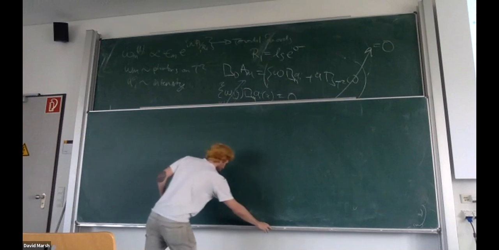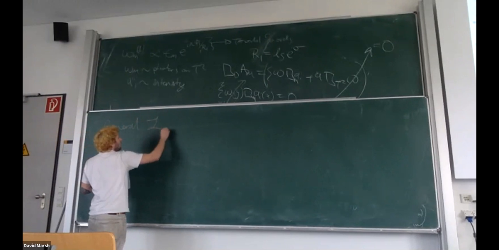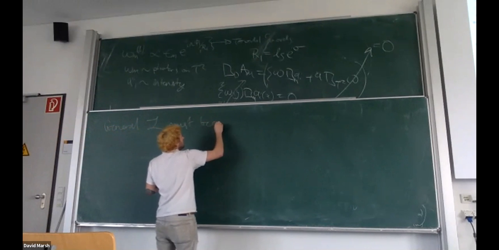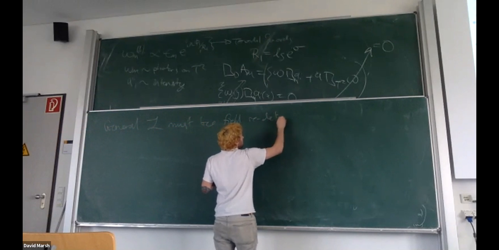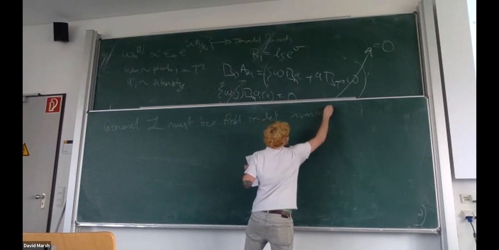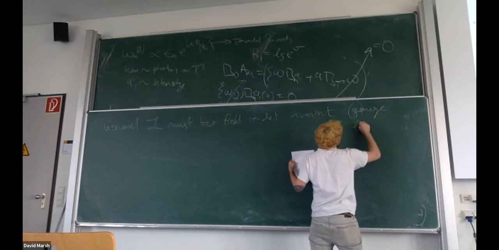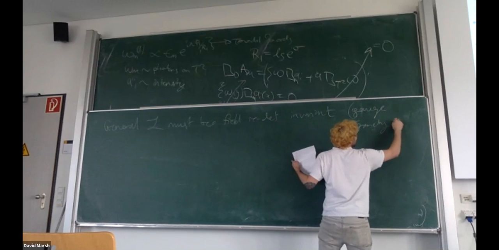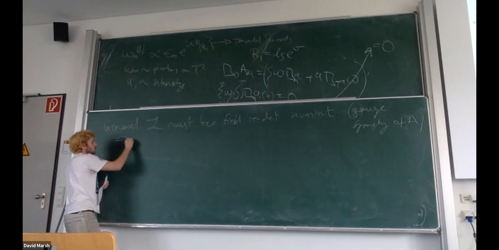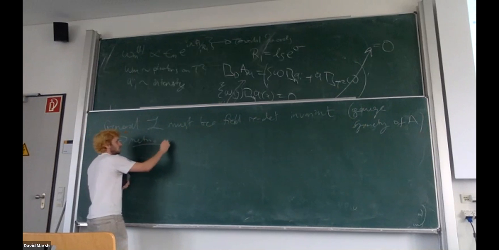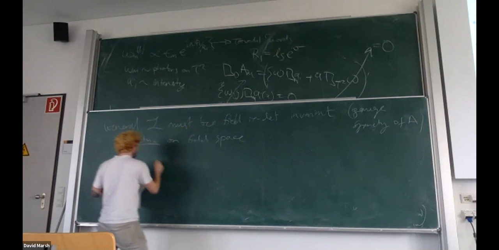So the general L must be field redefinition invariant from the gauge symmetry of A, which implies that we need a metric for field space.